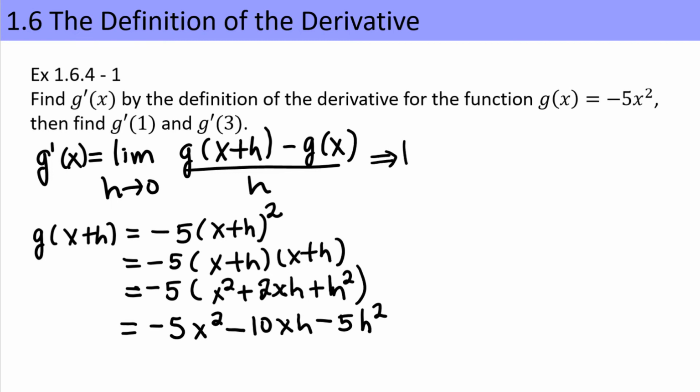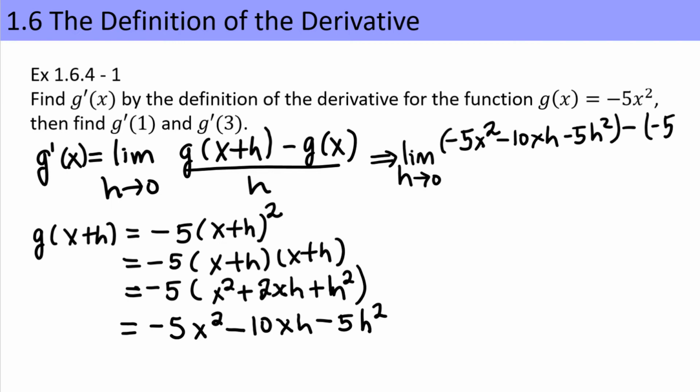So now we will have the limit as h approaches 0 of, and for g of x plus h, we will replace that with the expression negative 5 x squared minus 10 xh minus 5h squared, and then subtract g of x, which is negative 5x squared, all of that divided by h.